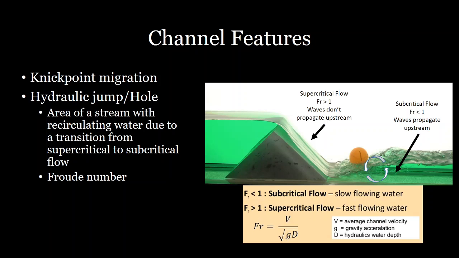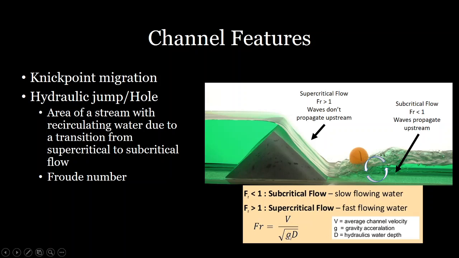In supercritical flow, the waves do not propagate upstream. Instead, if you have some sort of disturbance, like you throw a rock into the river, the waves that form out from that rock ripple will not propagate upstream and will just be forced downstream instead.